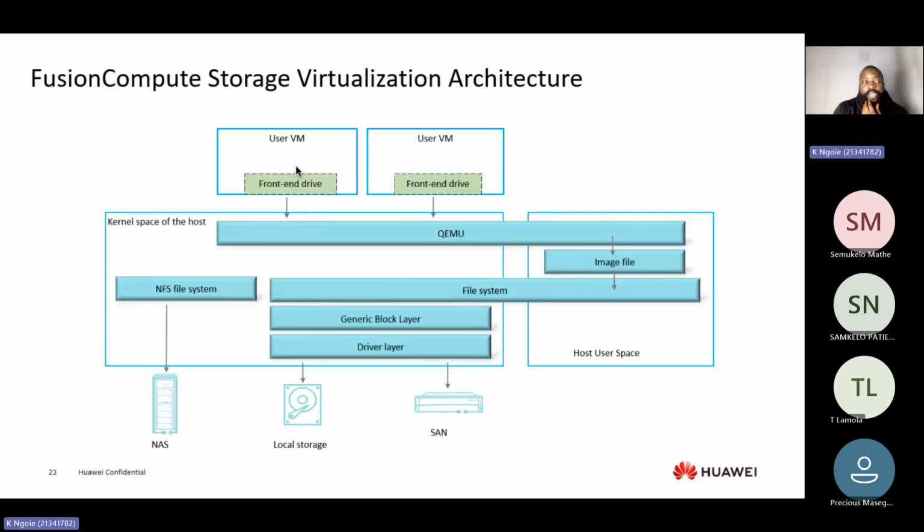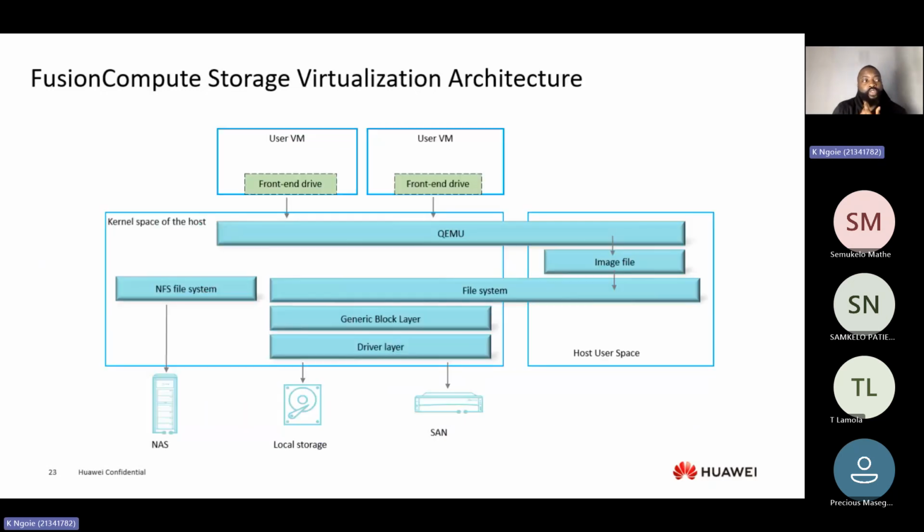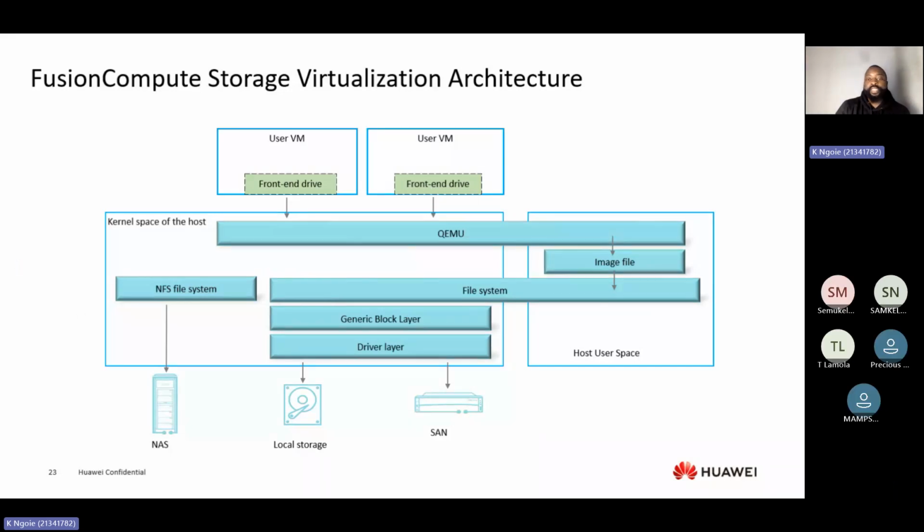Now we have the architecture of storage virtualization in FusionCompute. Looking at this architecture, we have different users of virtual machines with front-end drivers. These virtual machines get storage either from local storage or from external storage through certain cables.